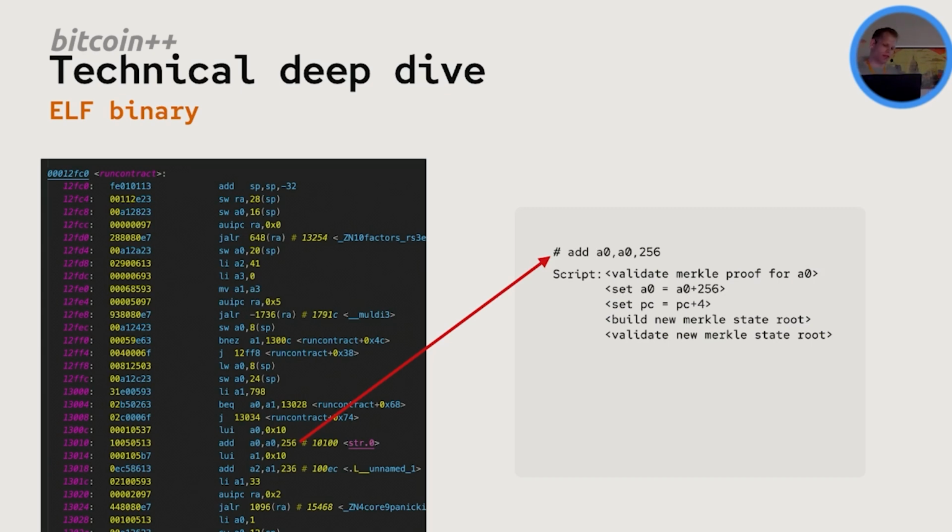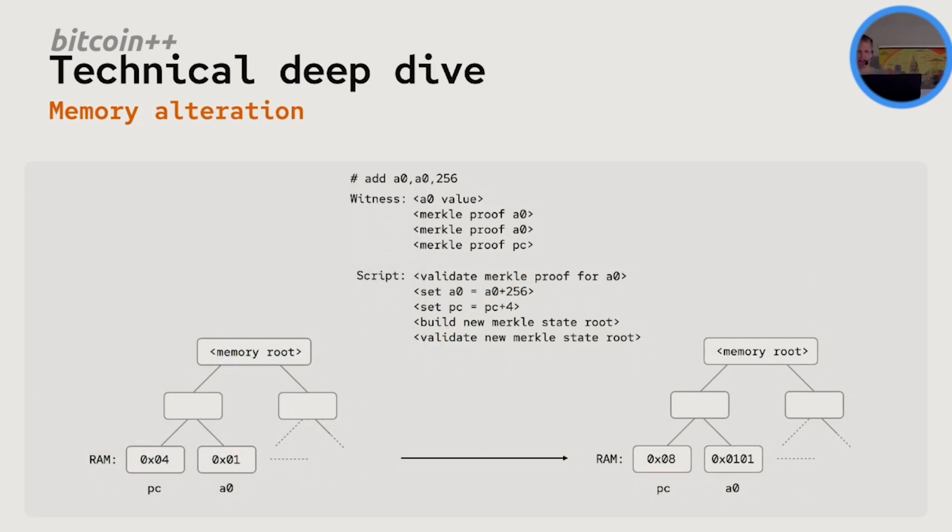We're going to have a program go through every opcode in the RISC-V binary, look at it, and then create an accompanying Bitcoin script that does the same as this one opcode is doing on the CPU. In effect, every script we're creating is basically doing the same thing. Luckily, RISC-V is fairly simple.